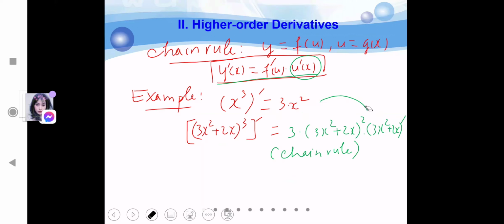It equals what expression? Equal 3 times 3x squared plus 2x squared, I'm sorry, 2x, yes, times 6x plus 2. This is that.